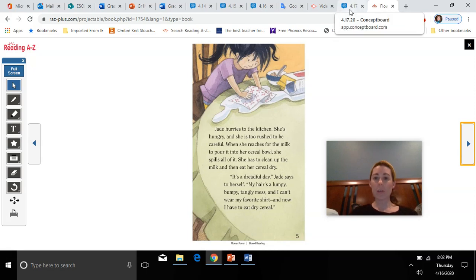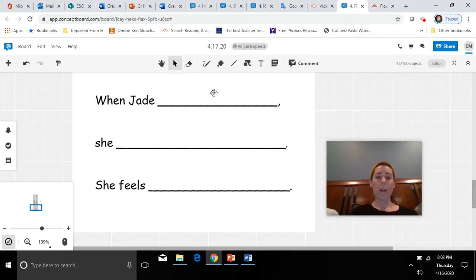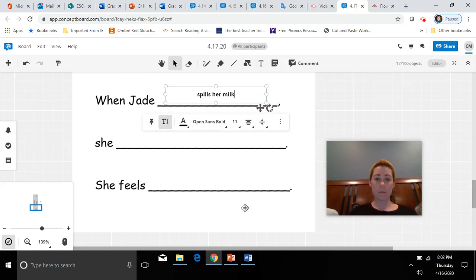All right, let's try to identify the problem. What was the problem that belongs in this space? When Jade spills her milk. Oops, let's try that again. When Jade spills her milk, how did she respond?